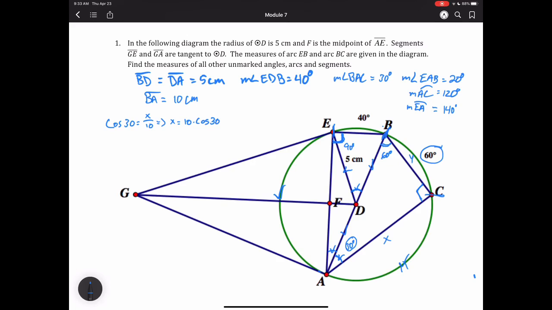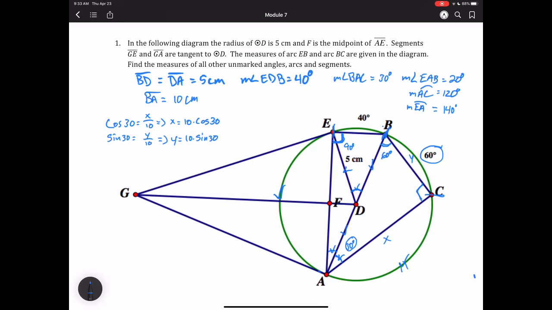Okay, and then when I need the opposite side, I'm going to use sine, so, right, because of SOH CAH TOA. So I'll use sine of 30 degrees is equal to y over 10. So then when I rearrange that, I get y is equal to 10 times sine of 30.